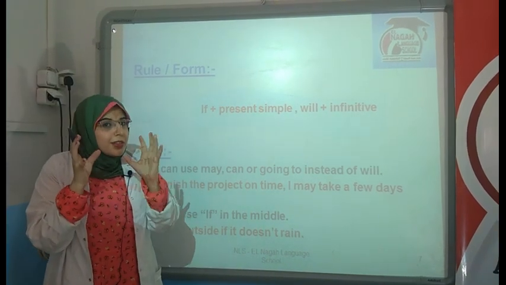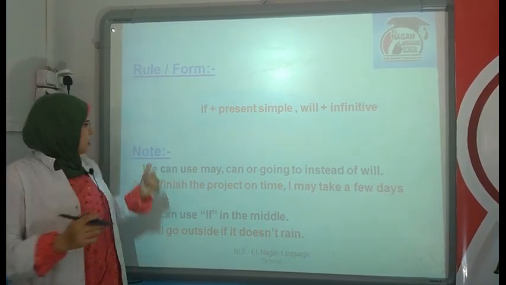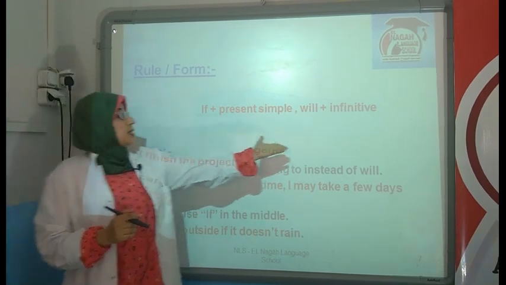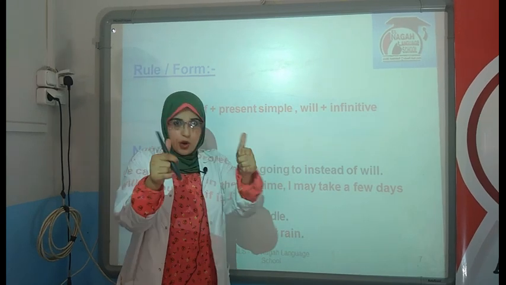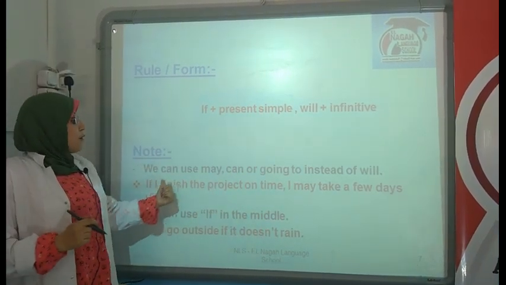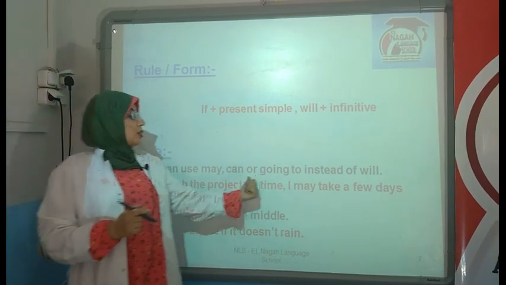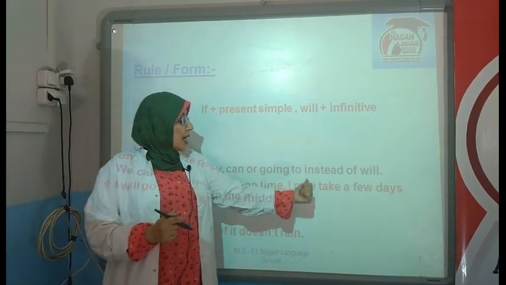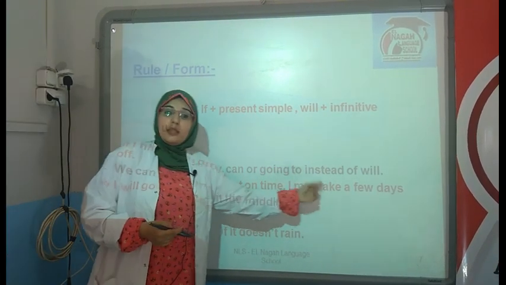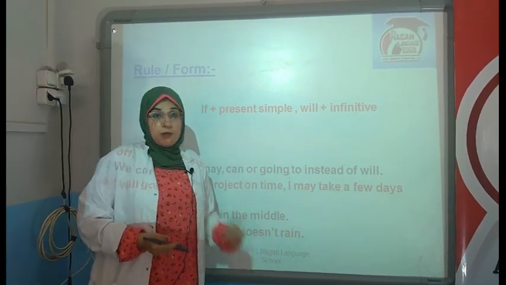Also, some notes to bear in mind. We can use may, can, or going to instead of will. It's right. For example, if I finish the project on time, I may take a few days off, or I can take a few days off.